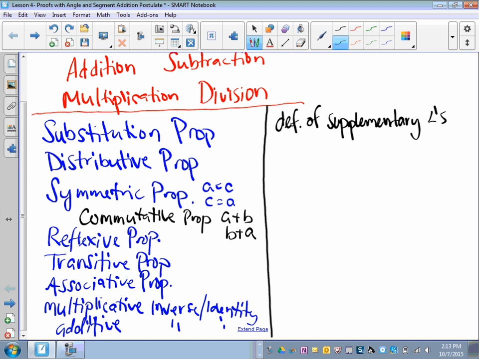And with that, definition of complementary angles. Remember, supplementary, they add to be 180 degrees. Complementary, they add to be 90 degrees.